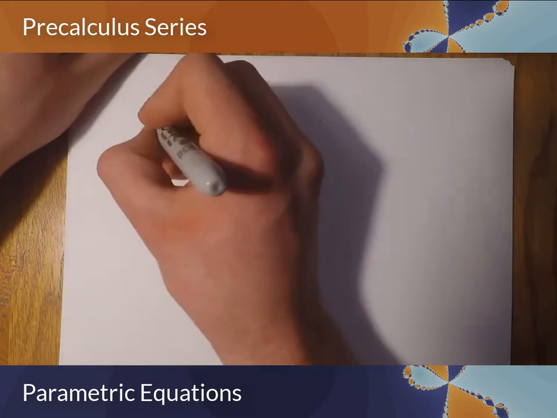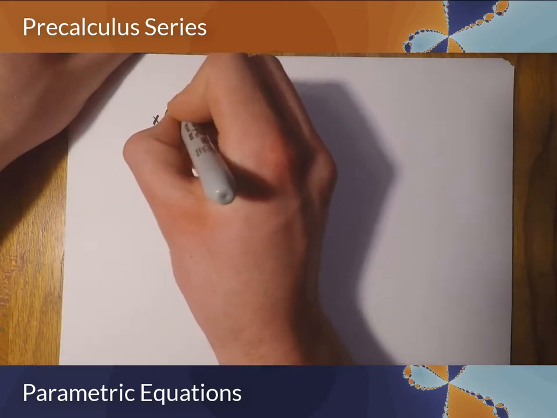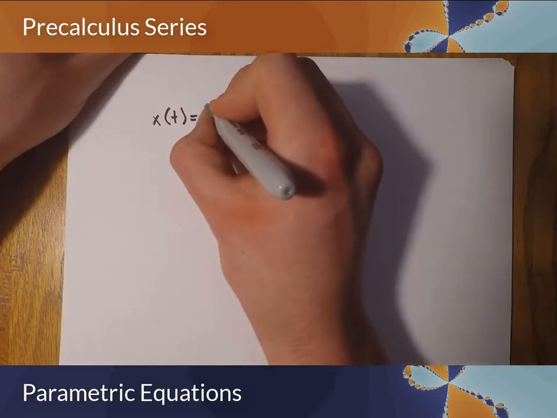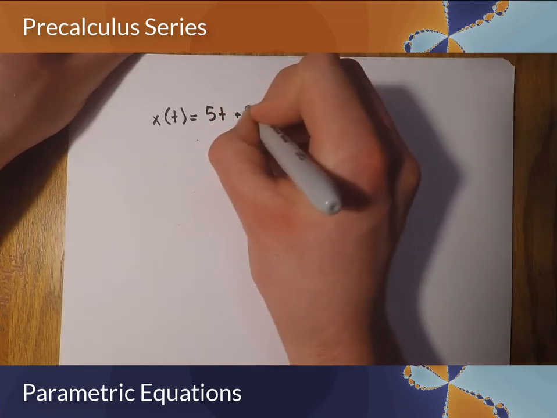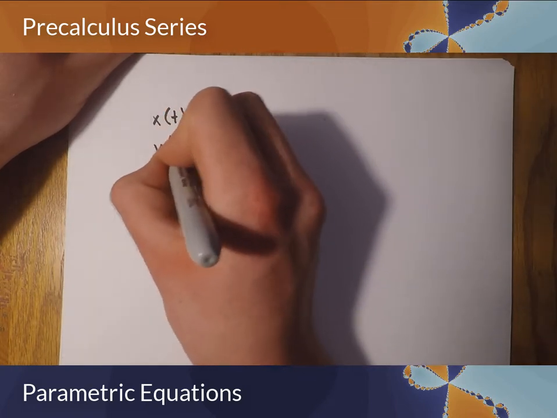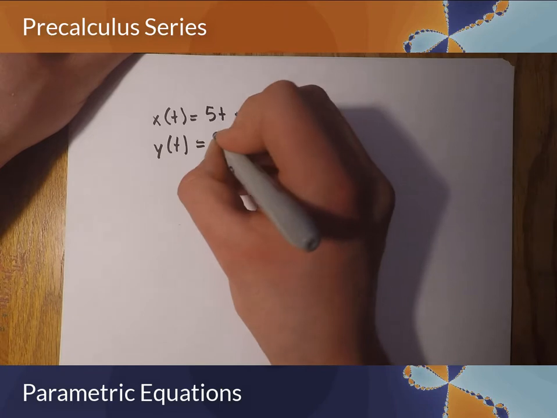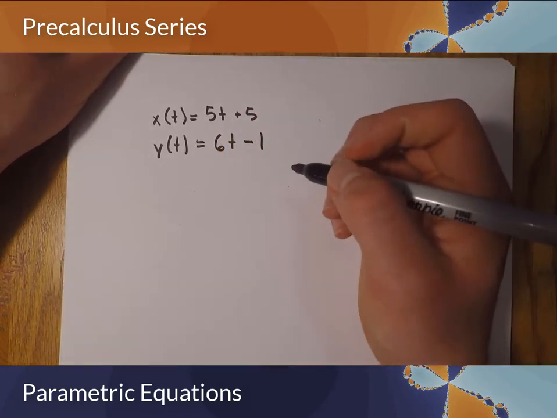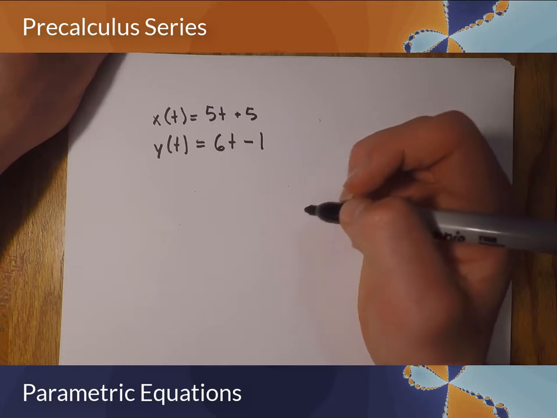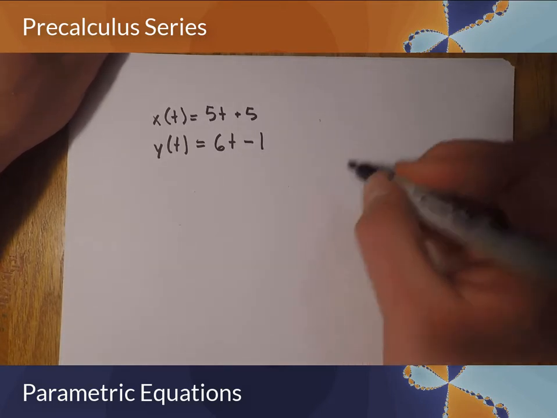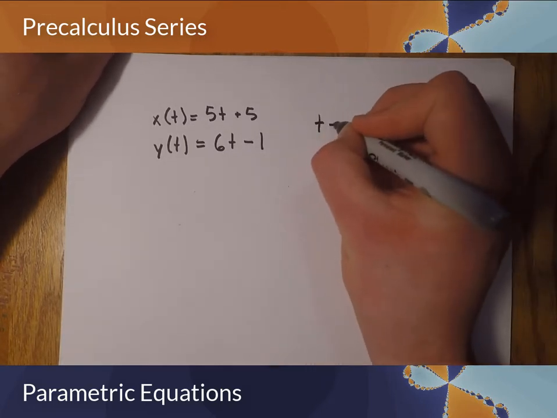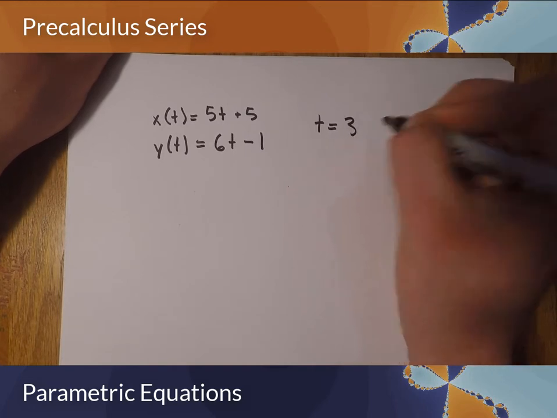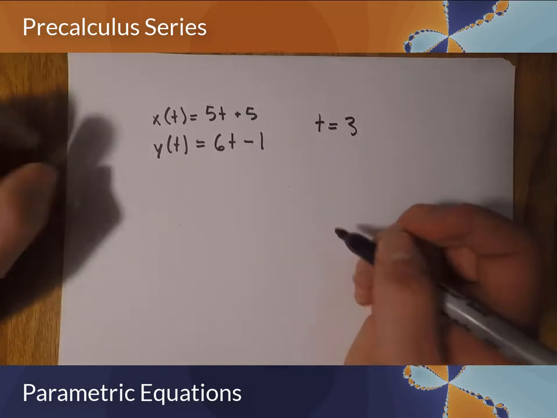Say we're given two functions here. Let's say x of t equals 5t plus 5, and y of t equals 6t minus 1. And what we want to find out is where a given object is when t equals 3. Now, this is really simple.